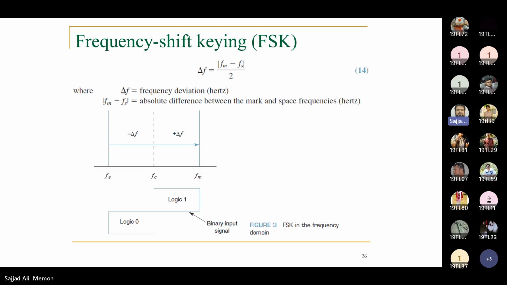As you can see here, we have center frequency fc. If we have logic 1, then it is fc plus delta f. If we have logic 0, then it is fc minus delta f. So you can calculate delta f by calculating the difference between the mark and space frequency and then dividing by 2. We will have delta f, that is the frequency deviation.